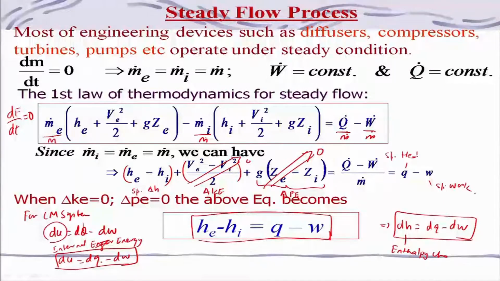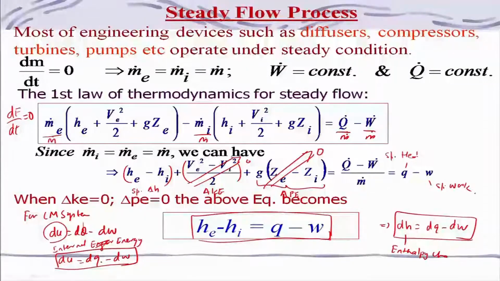So you should keep in mind that for a steady flow process, the energy equation, or the first law of thermodynamics, is similar to that of the control mass system, except that the internal energy in the control mass system is replaced by the change in enthalpy.